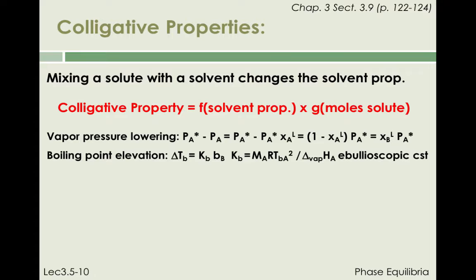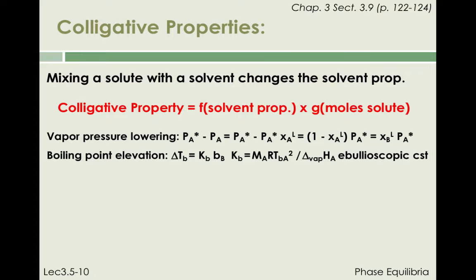The ebullioscopic constant is the product of the molar mass of the solvent, the gas constant, and the square of the solvent boiling temperature, divided by the standard enthalpy change for vaporization of the solvent. This relationship indicates that the boiling temperature of the solvent in solution is increased above the boiling temperature of the pure solvent by an amount that is proportional to the amount of solute and dependent on the properties of the solvent alone.